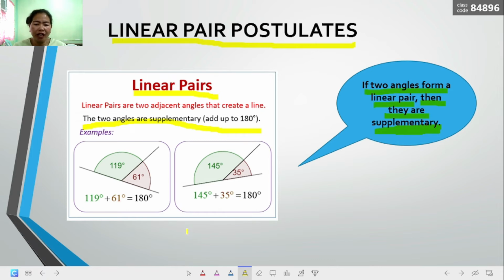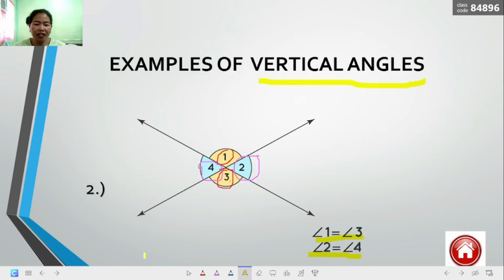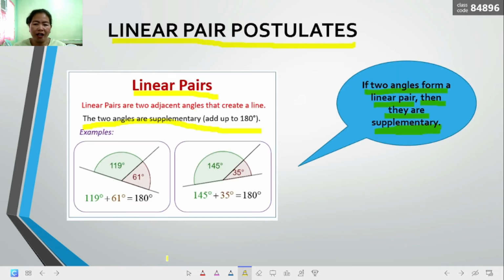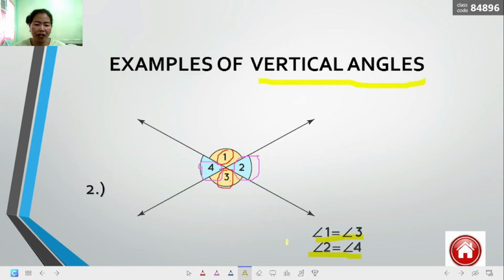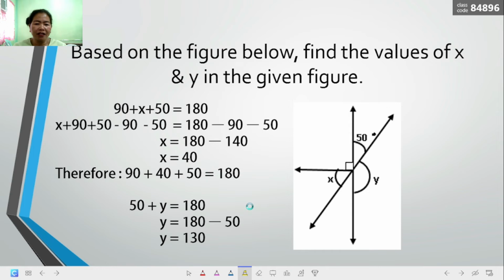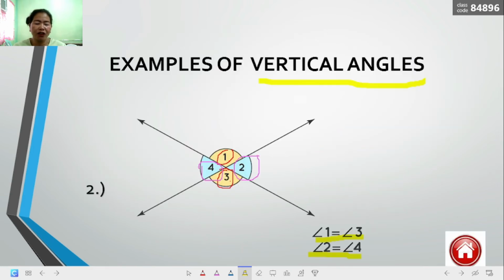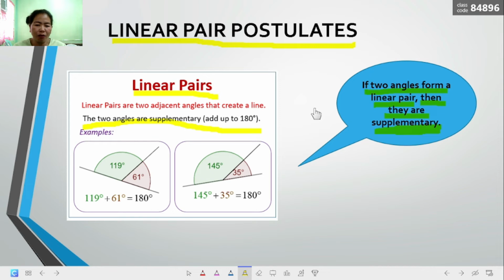But before expounding on linear pairs, let us first know what a postulate means. A postulate means to suggest a theory or idea as a basic principle from which a further idea is formed or developed. Or, another definition: a statement that is accepted as being true and that is used as a basis of a theory, an argument, and so on.